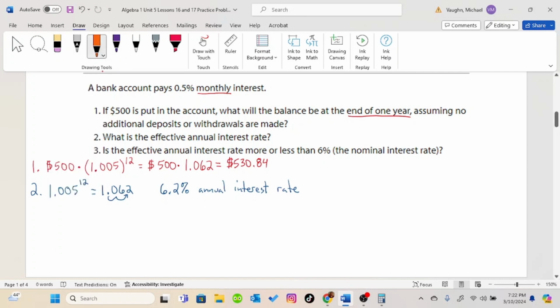Number 3, is the effective annual interest rate more or less than 6%, which is the nominal interest rate?